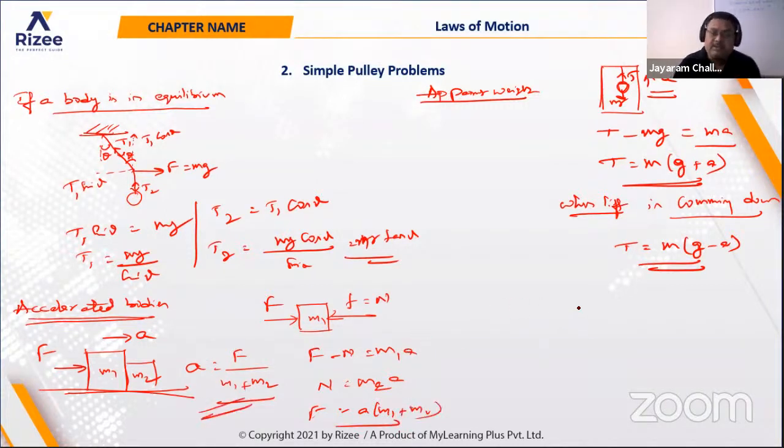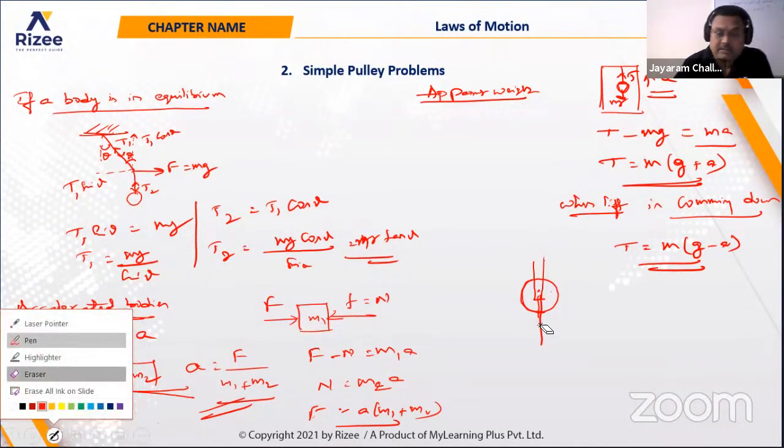Coming to the string problems, simple pulleys. The Atwood machine is the basic pulley method. One pulley is hung like this. Suppose two bodies are connected here.